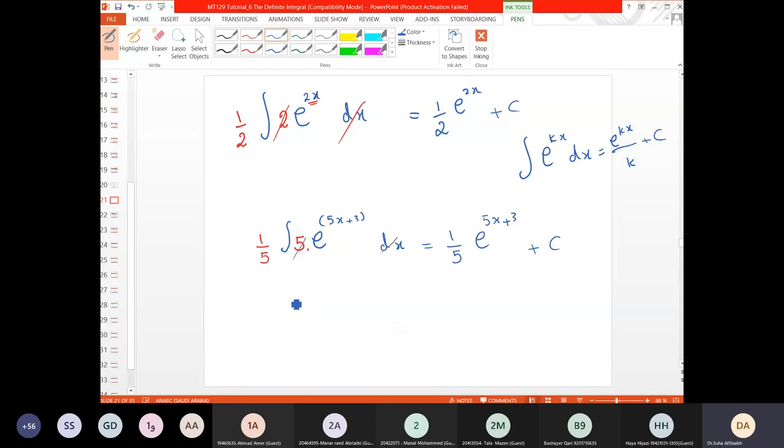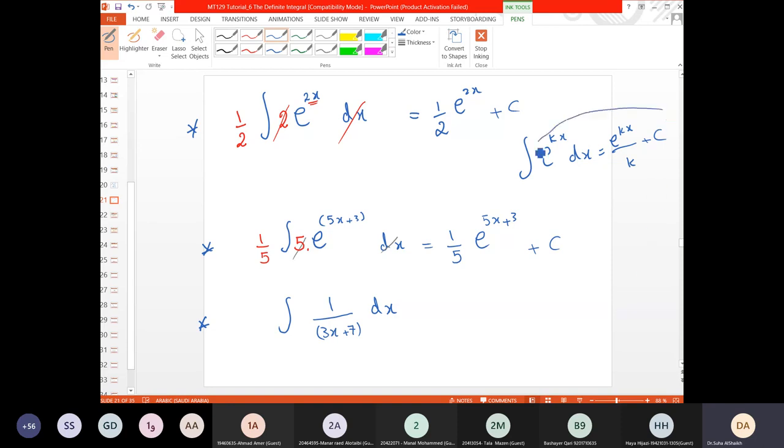One more example. If we have the integration of 1 over 3x plus 7 dx. What do you think?